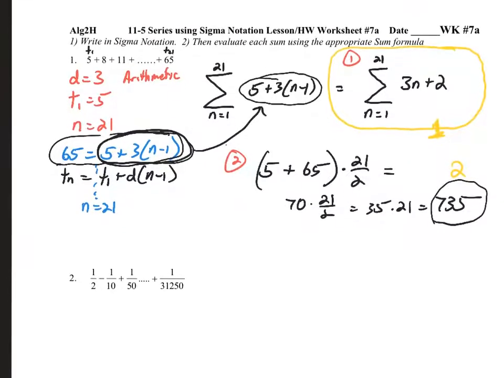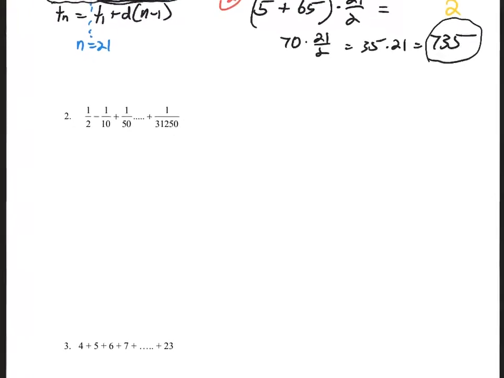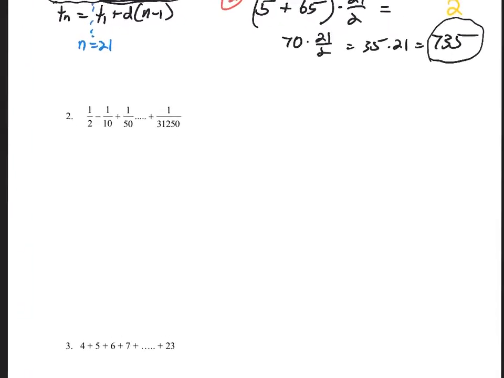So our second problem is right here. And you can see we're dealing with fractions. We've also got alternating between positive and negative. That's a clear indication that this is geometric. And you could see down here, this is times by 5, times by 5.